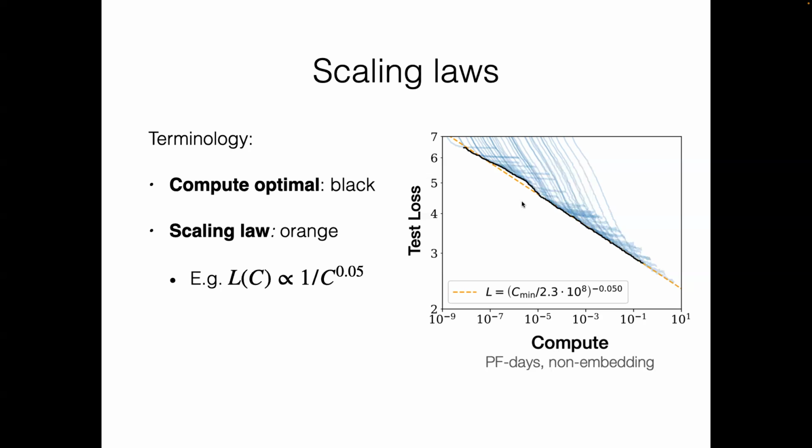For a given, yeah, that will depend on the amount of data you have. So there will be some regime where the amount of data is much smaller and you'll start overfitting.